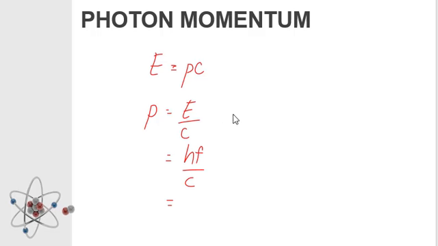And then looking at this, let's recall the relationship again. c equals lambda f. So c over f is equivalent to lambda. So this is the reciprocal, f over c, therefore this one is 1 over lambda. We now have the photon momentum equivalent to h over lambda.